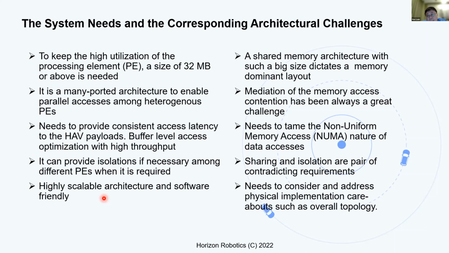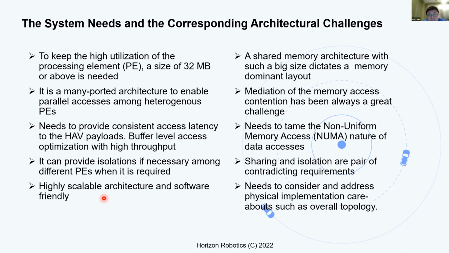And last but not least, we need to heavily optimize and customize for the ADAS and HAV payloads. The nature of this kind of payload is tens to hundreds of kilobytes of data, a big buffer we need to process.